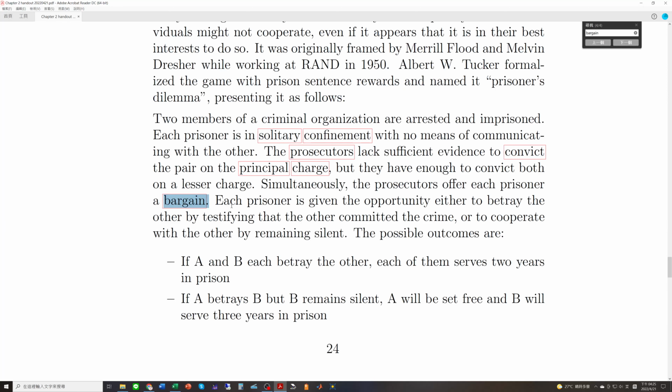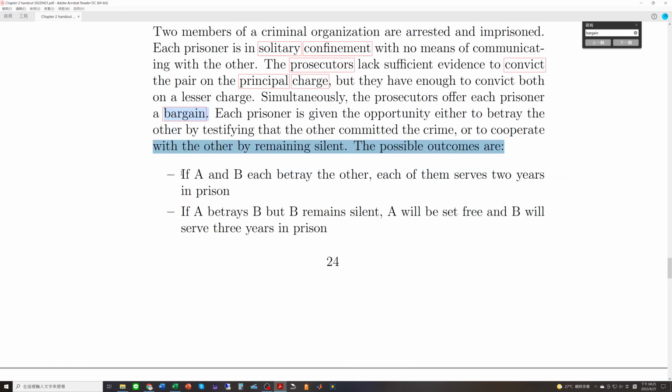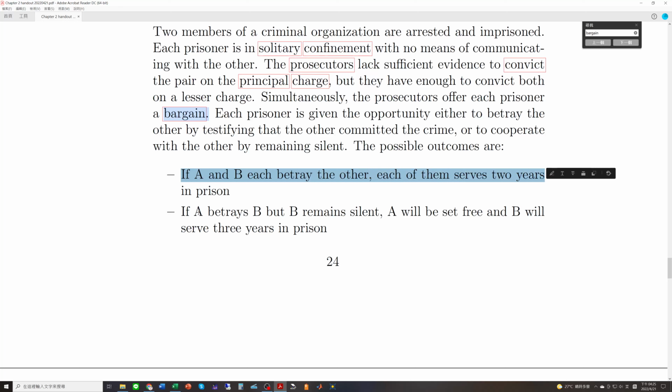Each prisoner is given the opportunity either to betray the other by testifying that the other committed the crime, or to cooperate with the other by remaining silent. The possible outcomes are: if A and B each betray the other, each of them serves 2 years in prison.